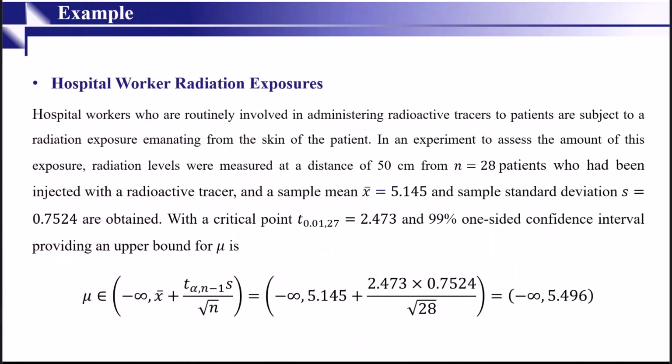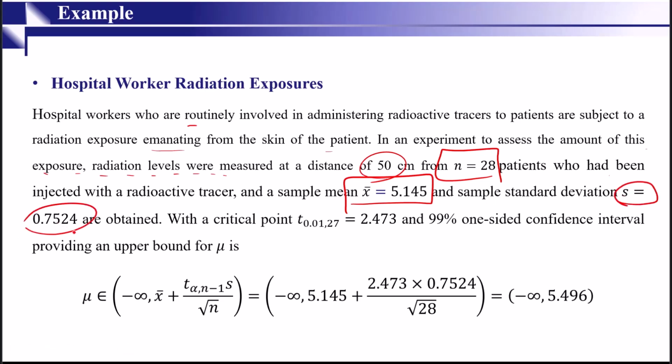Let's see another example. Hospital workers who are routinely involved in administering radioactive tracers to patients are subject to radiation exposure emanating from the skin of the patient. In an experiment to assess the amount of this exposure, radiation levels were measured at a distance of 50 centimeters from n equals 28 patients who had been injected with a radioactive tracer, and a sample mean of 5.145 and sample standard deviation of 0.752 were obtained.